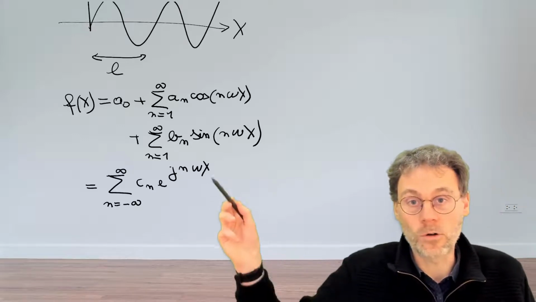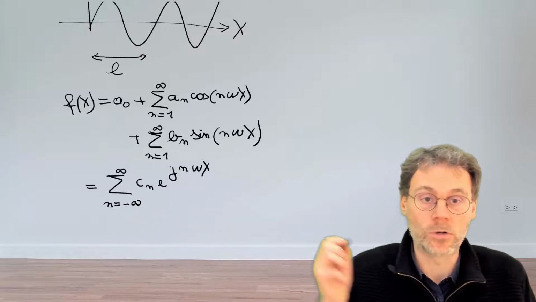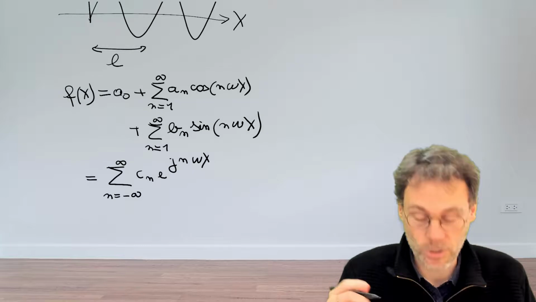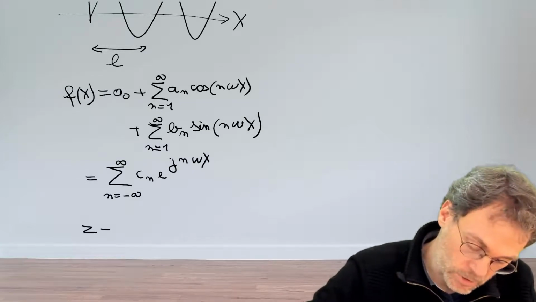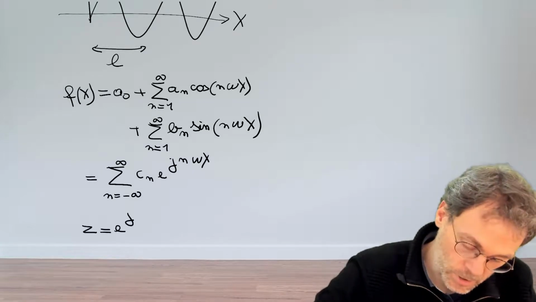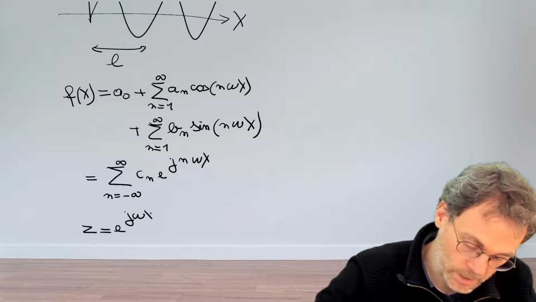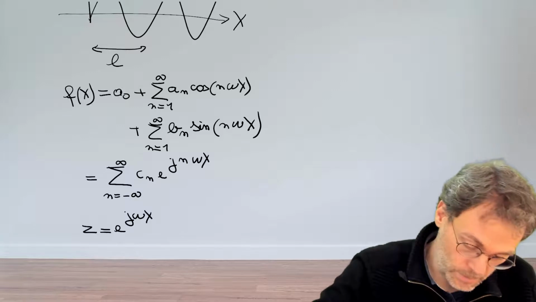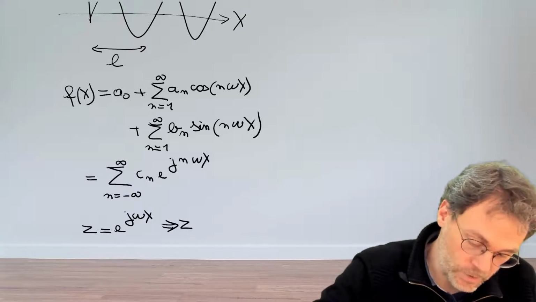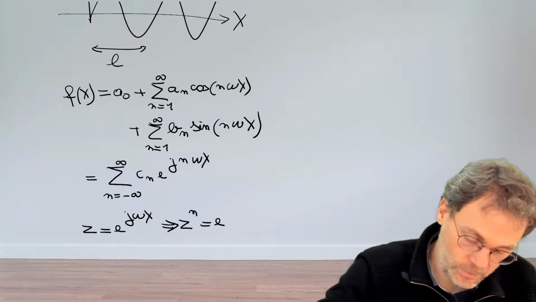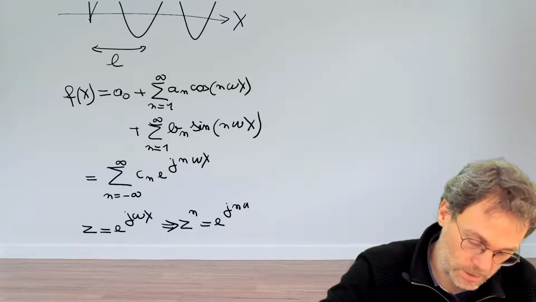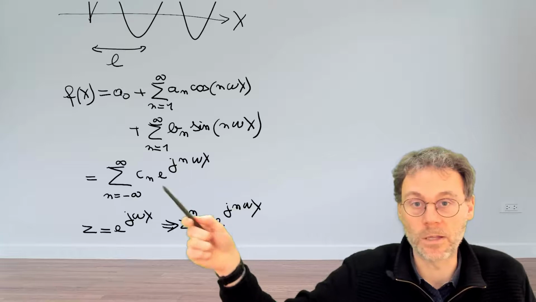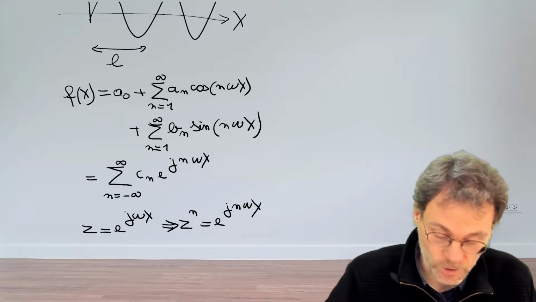Now here we are already very close to our Laurent series, because what we can do here is make a certain substitution where we say a complex number z, we're going to write that as exponential J omega chi. And if we make that substitution, it becomes immediately obvious that if we raise z to the power of n, we get exponential Jn omega chi, which is exactly the type of stuff that we find here in the series expansion.